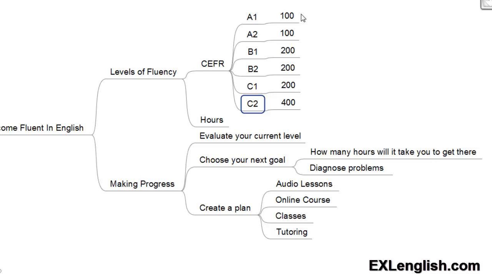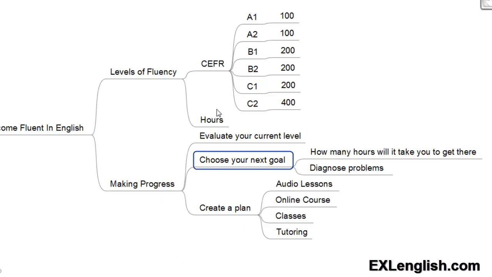If you studied 4 hours a day, you could possibly go from level A1 to C2 in 1 year. So it really depends on how intensively you study and what your goals are. Now, that doesn't mean you have to reach level C2. For many students, just reaching level B2 will be sufficient. So it depends on what your motivation is, why you want to learn English.